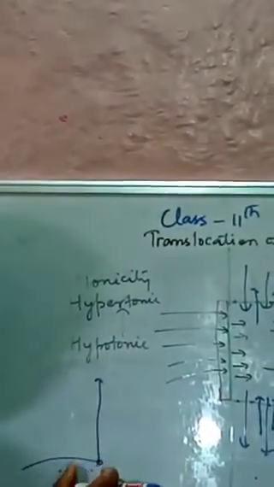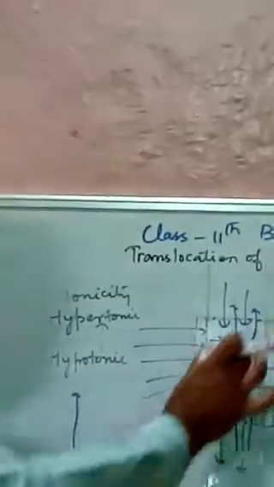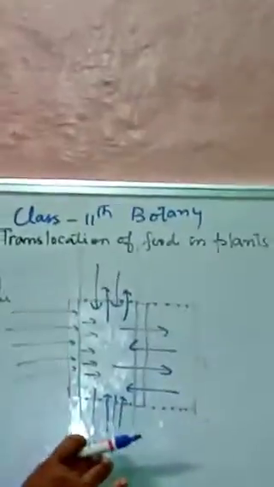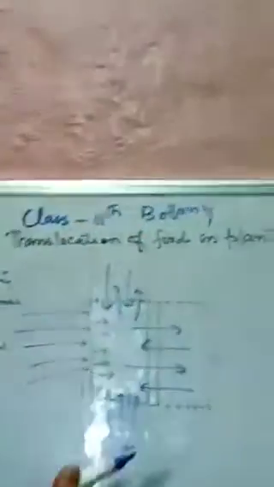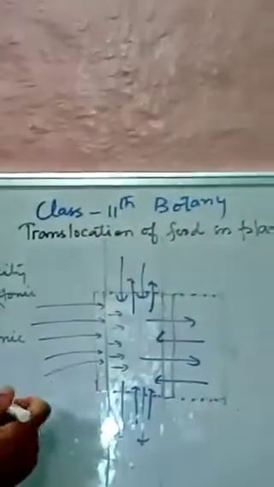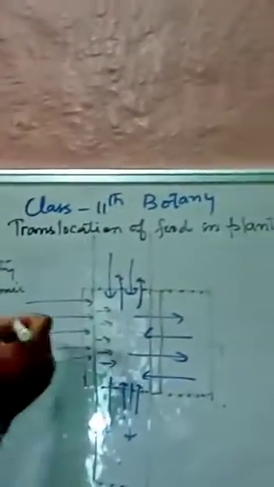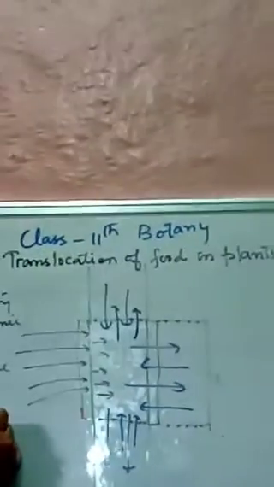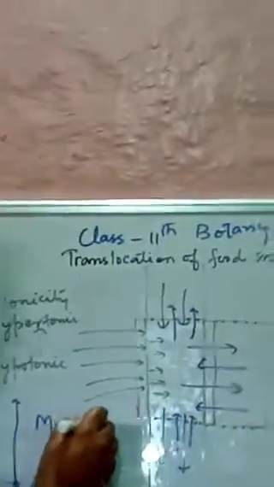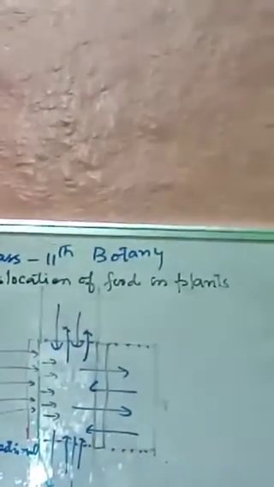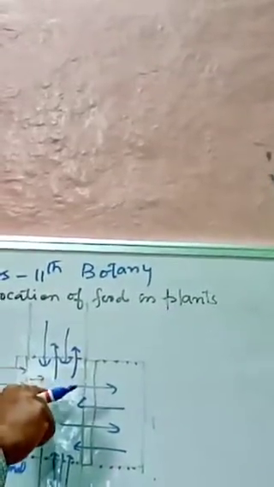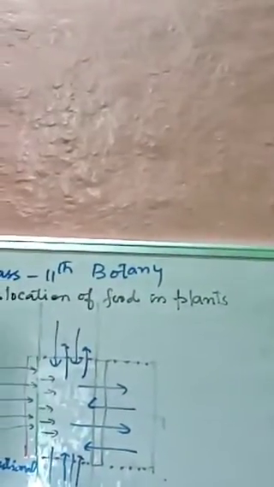That means the movement of water is unidirectional. But here we see that food moves upward, downward, and sideward. So we can say the movement of food is multi-directional. Food moves from a higher pressure gradient to a lower pressure gradient.